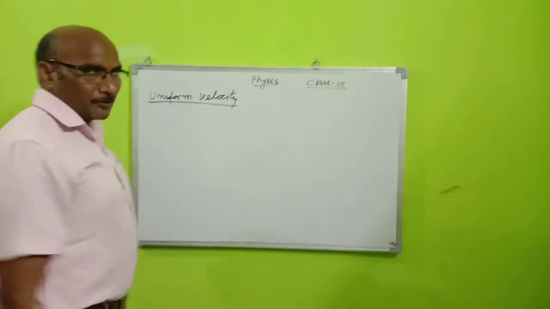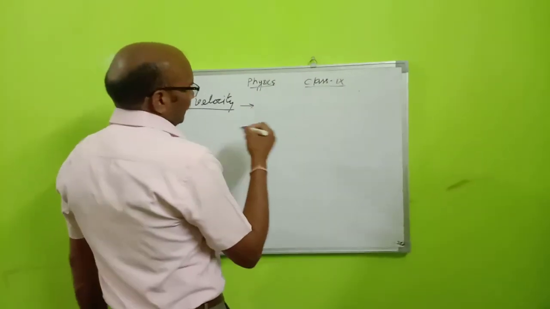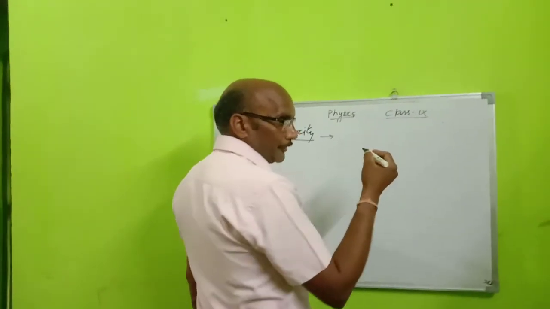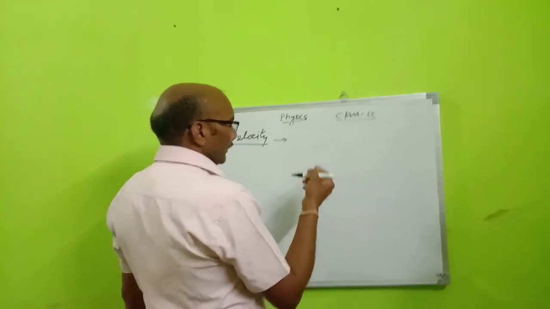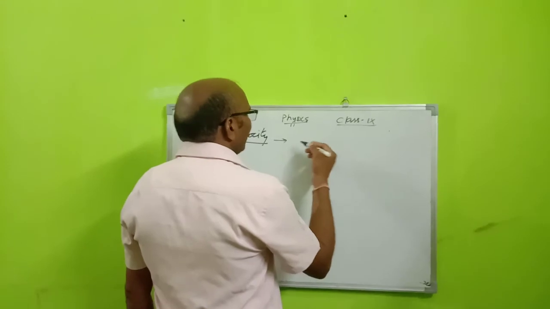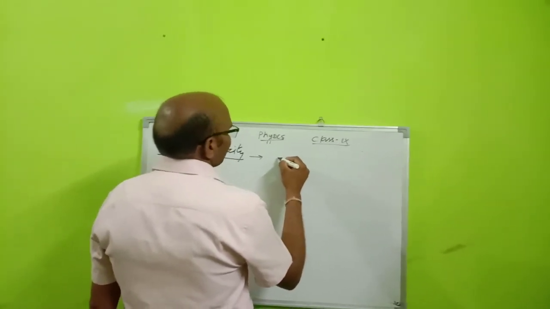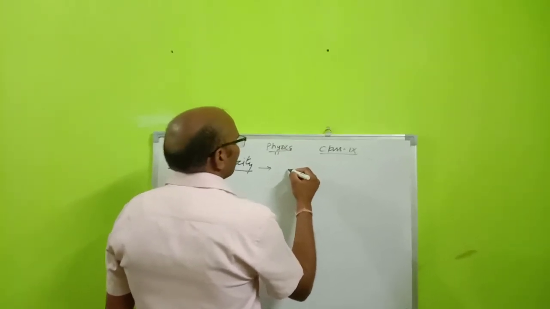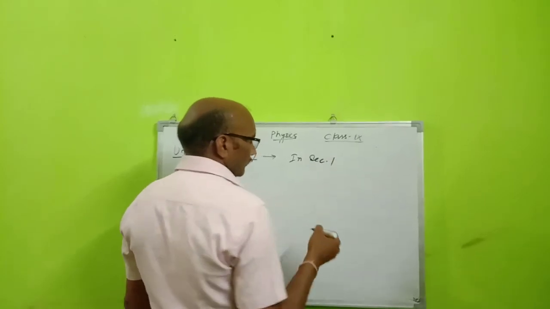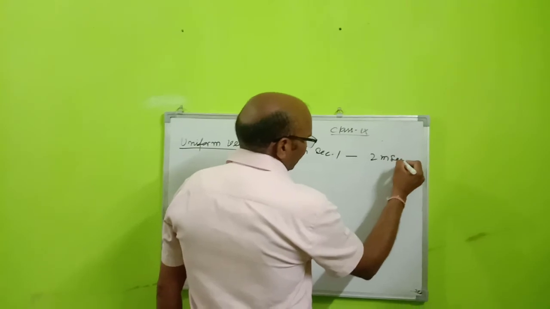What is uniform velocity? Uniform velocity is the velocity of an object that is equal in magnitude and direction at every moment, all the time. Let us say in second 1, its velocity is 2 meters per second.